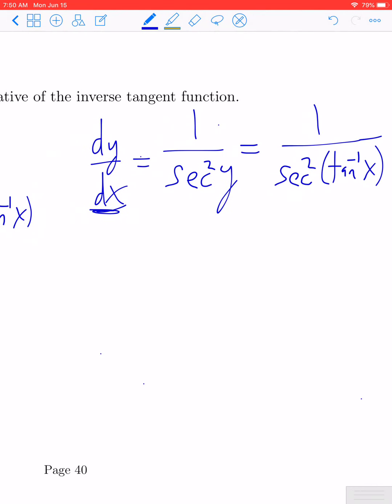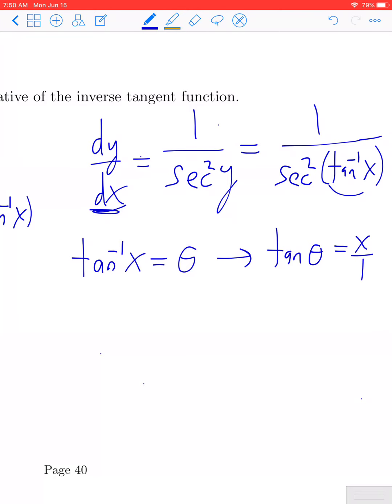Where we have tangent inverse, recall, what does an inverse trig function give us? Well, an inverse trig function gives us an angle. Let's just call that angle theta. This relationship means, if I take the tangent of both sides, that the tangent of theta equals x, which is the same thing as x over 1.